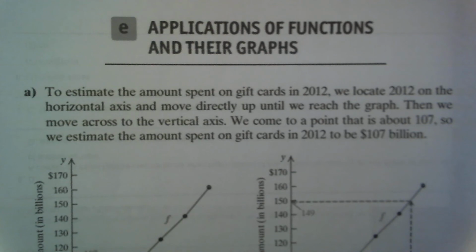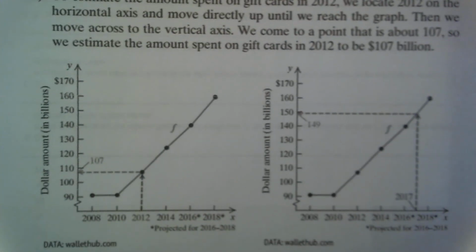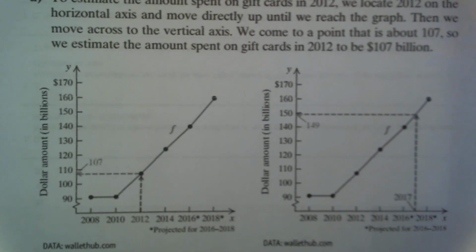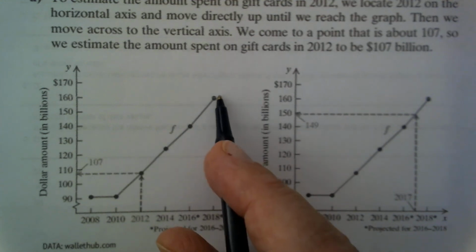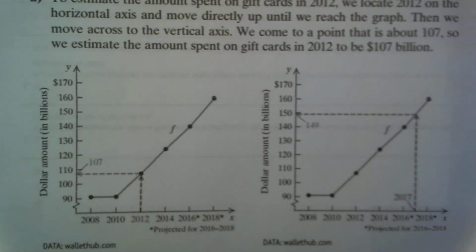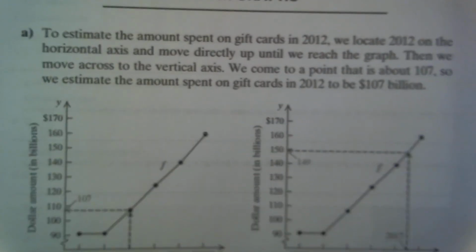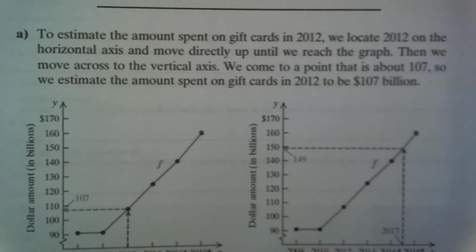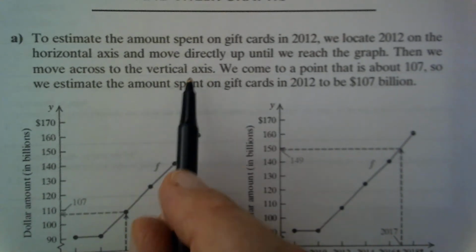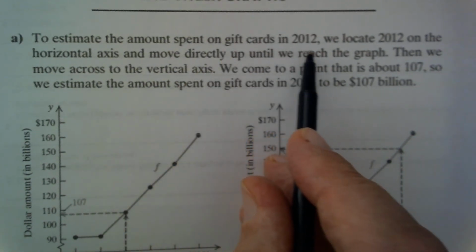Okay, the last part is the application of functions and their graphs. And so the graph we are looking at here is the gift card that people purchase. And so that's the given graph. And then the question of part A, or the first part, is to estimate the amount spent on gift cards in 2012.